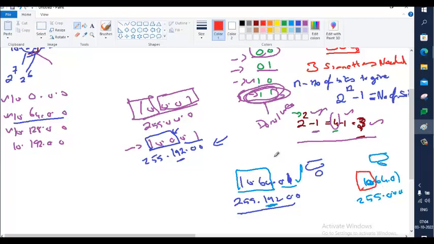Here the meaning is 10.64th network. So writing the subnet mask after subnetting is very important. Otherwise, you will see even after doing subnetting, there won't be any subnetted networks. It is the subnet mask that makes the difference. If you don't put the subnet mask, your subnetting is a waste.